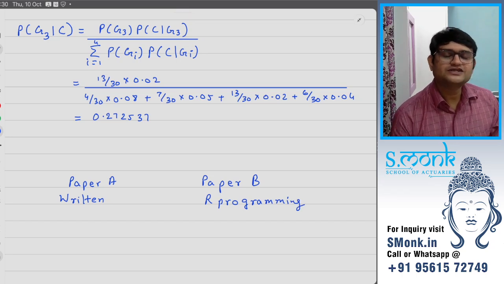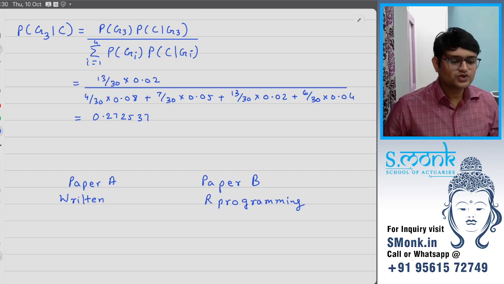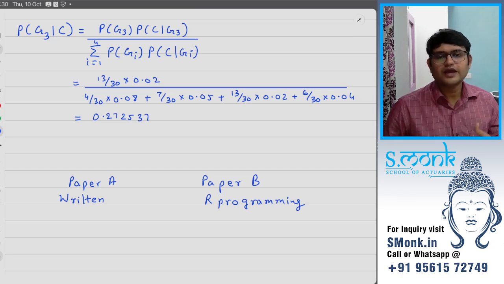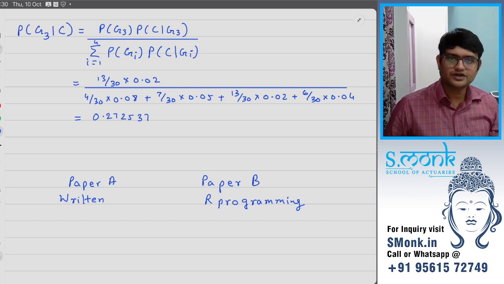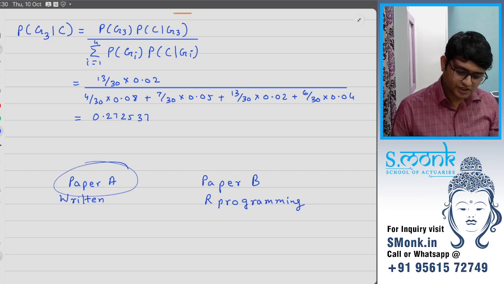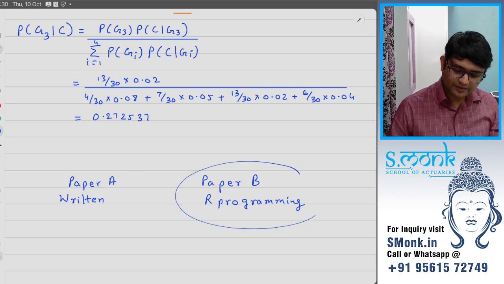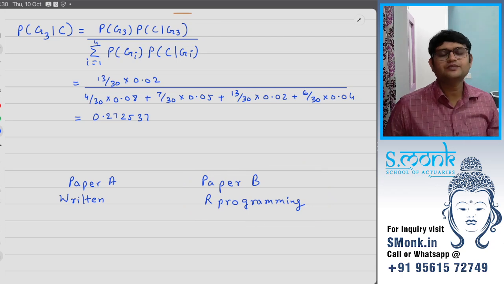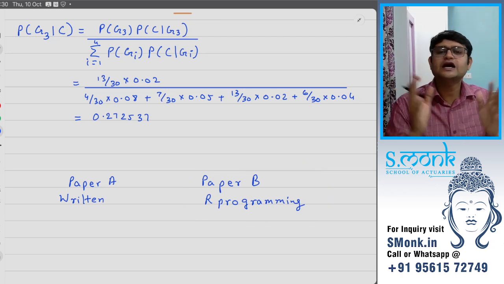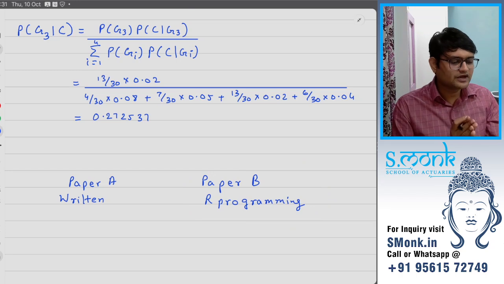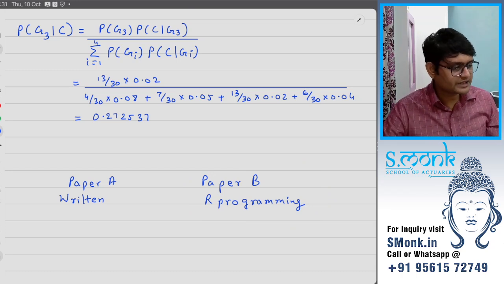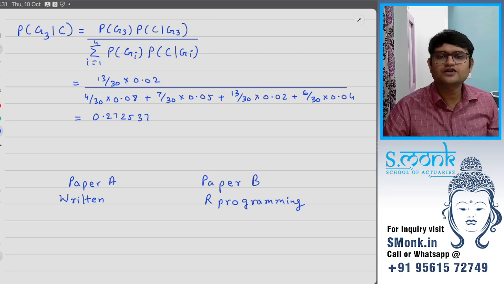R programming is a statistical language that is going to help us apply all the statistics that we are studying in paper A. We are going to study the concepts in paper A, and then apply them in R programming, because data is going to be very large. In paper A, while we are studying theoretically, we will use very small data sets, 10 values, 15 values, 20 values.